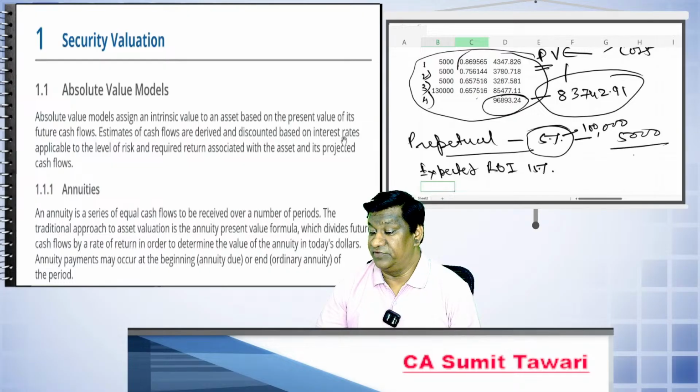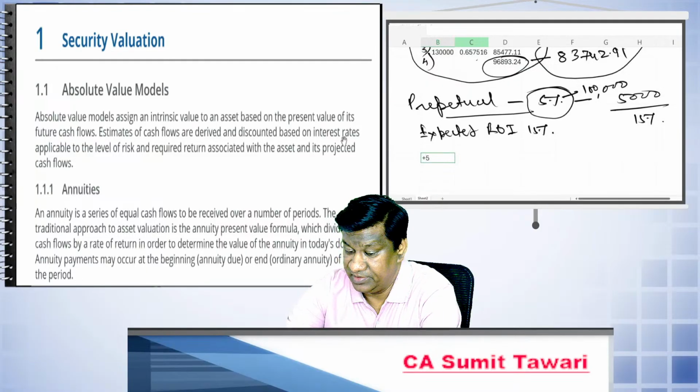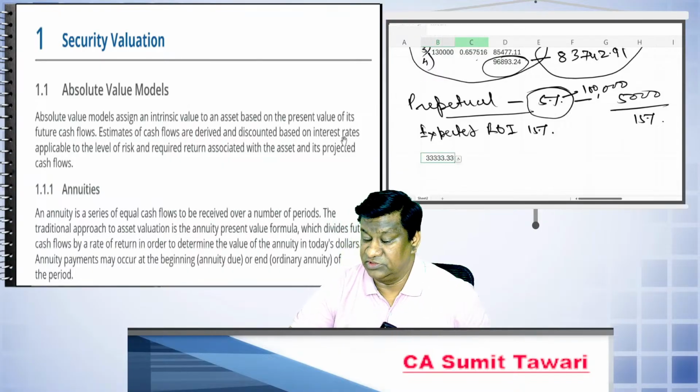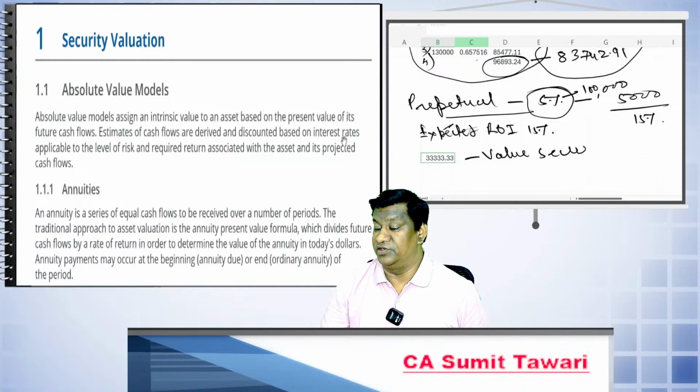My expected rate of return is 15%, so 5,000 divided by 15%, that is basically 33,000. So that is the value of the security. Even though I purchased the security at 100,000, the value of the security is 33,000. Why? Because I am getting a dividend of 5%, but my expected rate of return is 15%.